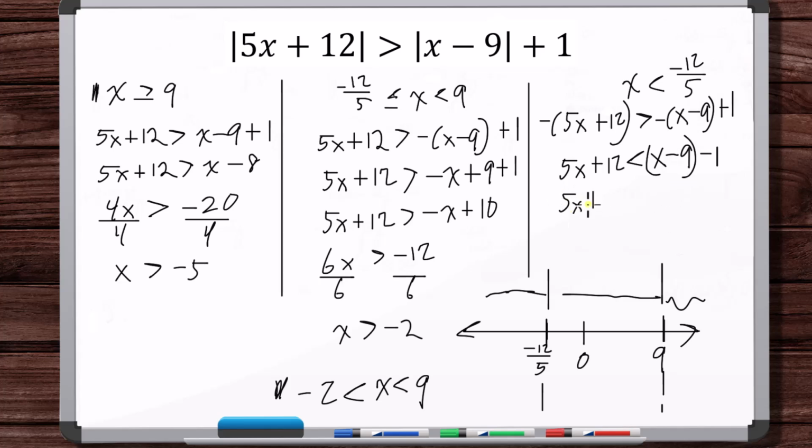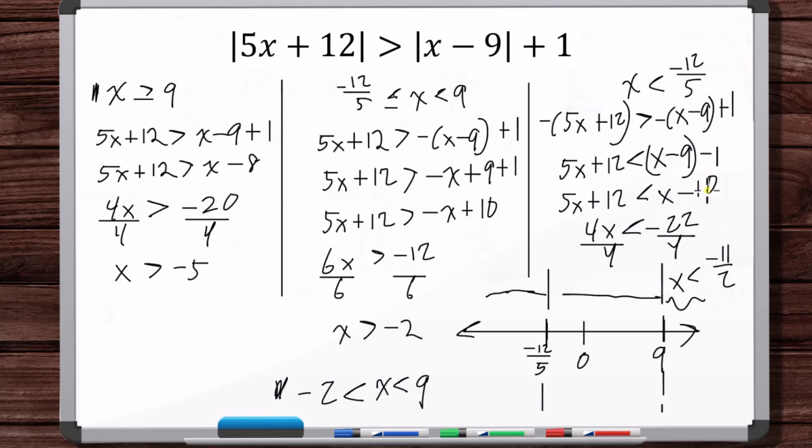Okay, 5x plus 12 is less than x minus 9 minus 1. Subtract x from both sides. Subtract 12 from both sides. Minus 10 minus 12 is minus 22. Minus 11 halves. Okay, x is less than minus 11 halves, and x is less than minus 12/5.